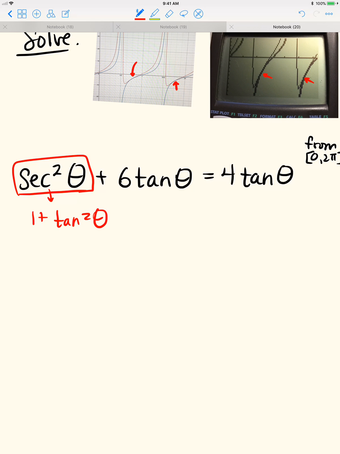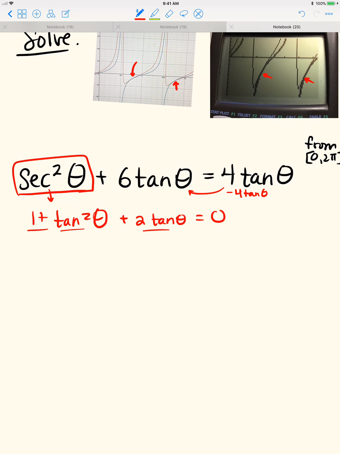And if I replace that for secant squared, I'll have a tangent squared term, I'll have regular tangent terms, I will have potential for factoring. So if I do that, I'm going to go ahead and move this 4 tangent over to join the 6 tangent and leaves me with positive 2 tangent theta.